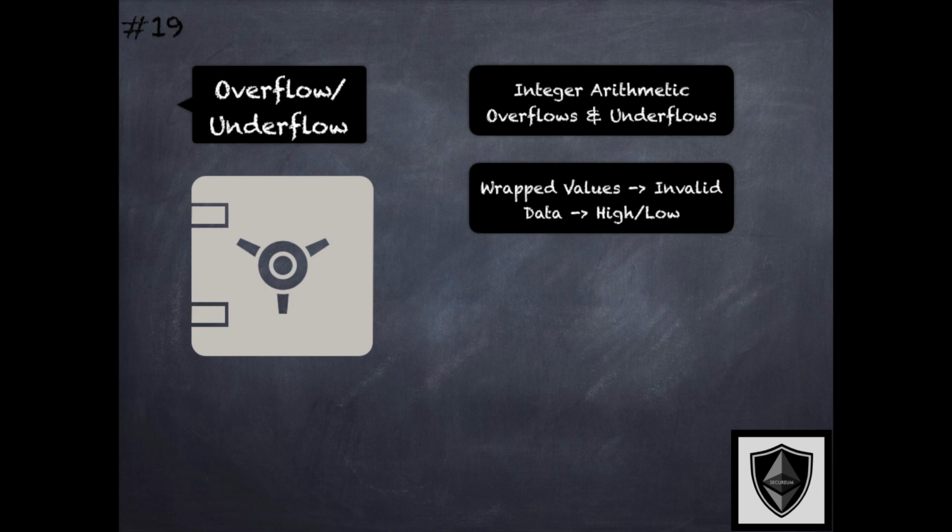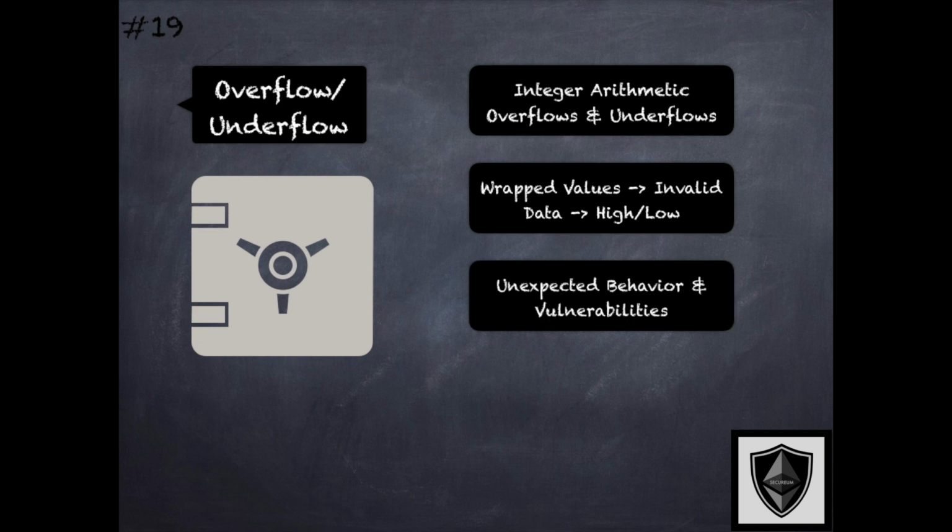If those extremely high or extremely low data values resulting because of wrapping are invalid in the application's logic, then it is okay. But if it is valid in the application's logic, then this could result in unexpected behavior in the best case, or in the worst case, it could result in some very serious vulnerabilities that can be exploited.